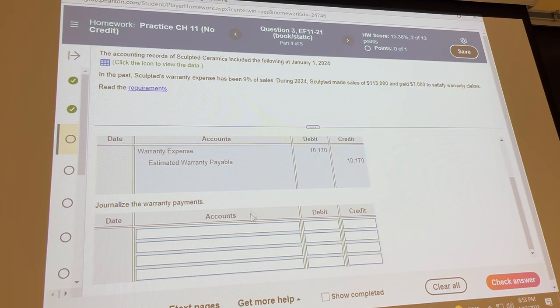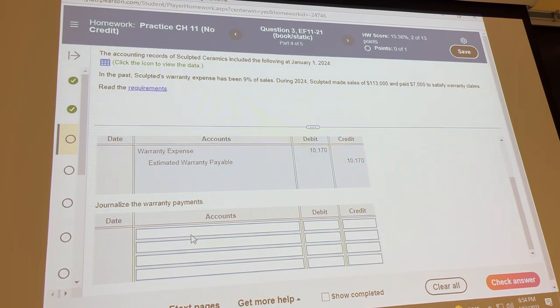Okay, then next it says journalize the warranty payments. So up at the top it says they paid $7,000 to satisfy warranty claims. So here, notice with this wording, they're not replacing the product. Makes it sound like they paid out cash to satisfy the warranty claims. So we take this out of the estimated warranty payable that we set up earlier.